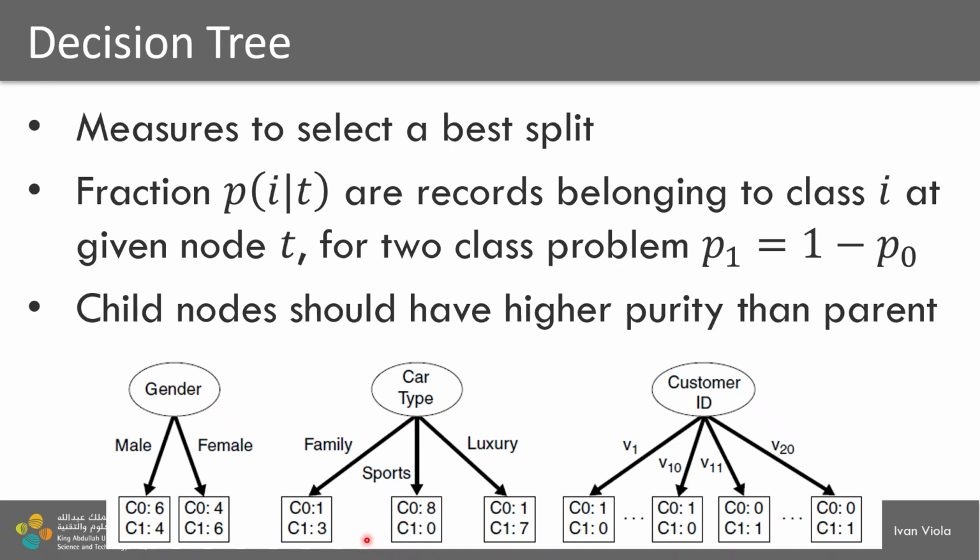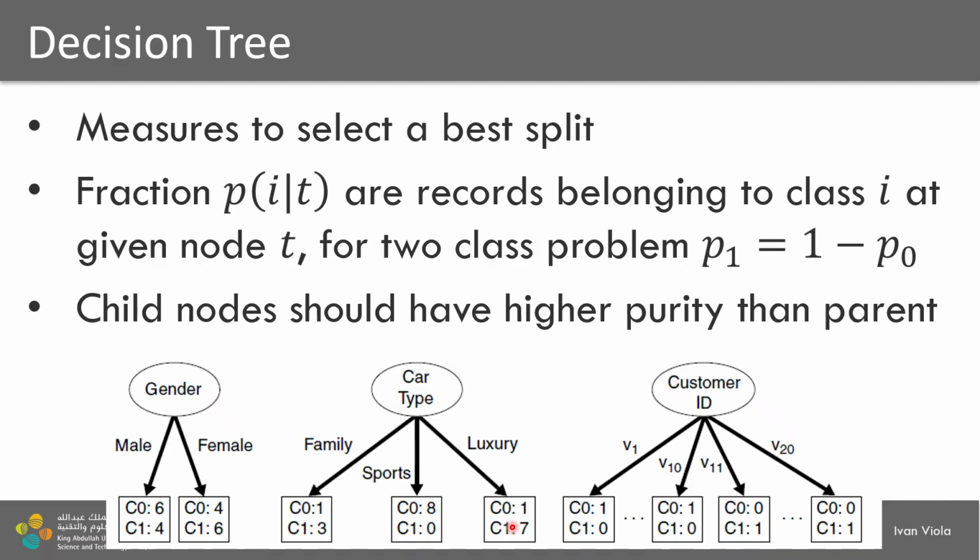If you have a luxury car, then only one person would be able to repay the loan and 7 cannot. This hypothetical scenario might not sound very realistic, but it serves the purpose of explanation. Overall, it is much more discriminative than the case of the genders. So the car type would be a better choice of attribute for our decision tree because it has a stronger expressive power in terms of classification.